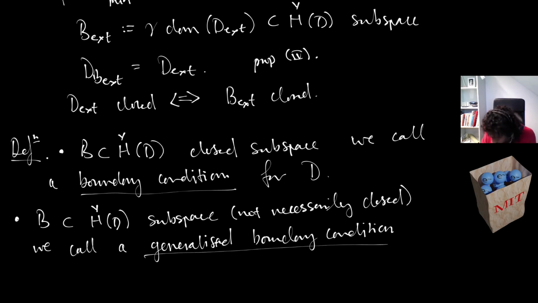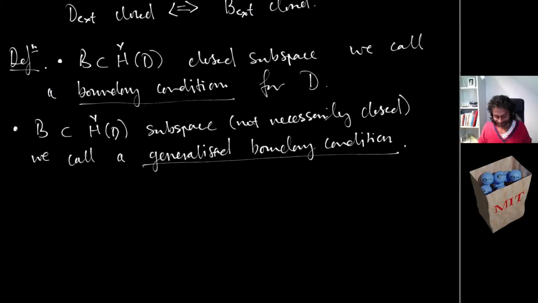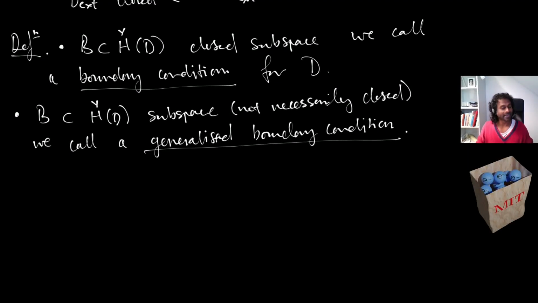You can also call it a non-closed boundary condition, but then a boundary condition is a non-closed boundary condition that's closed. So maybe that's not... well, we encounter this a lot in mathematics anyway. I mean, a bounded operator is an unbounded operator that's bounded. So, okay. And then, of course, the associated operator.